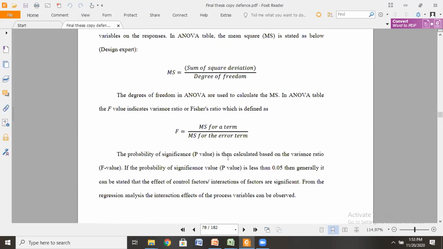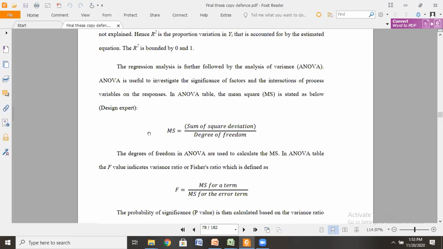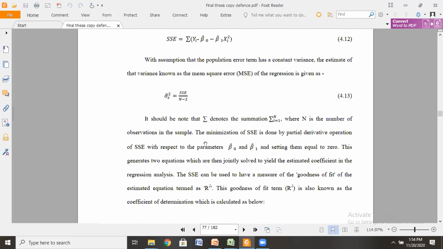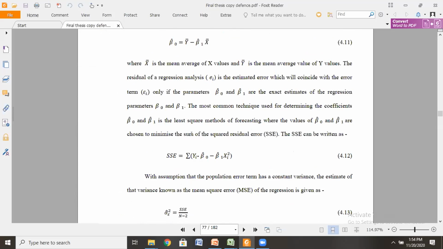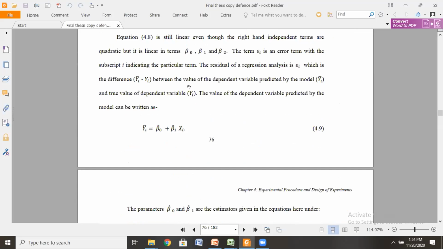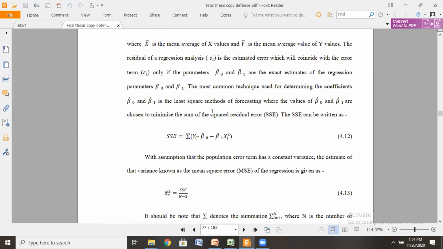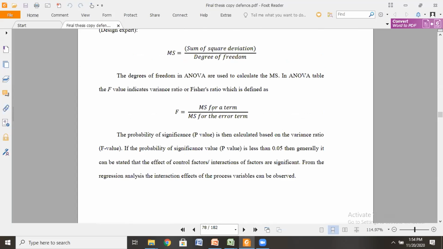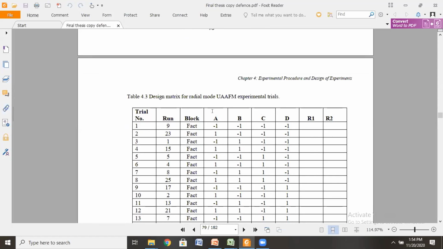Nowadays we get all these ready-made in Design Expert software. I would like to show you how these equations are inserted. They are inbuilt in the software, but if you want to do it in an Excel sheet, you have to insert them and calculate the F value, P value, and R square value, everything manually. Then only you will understand.